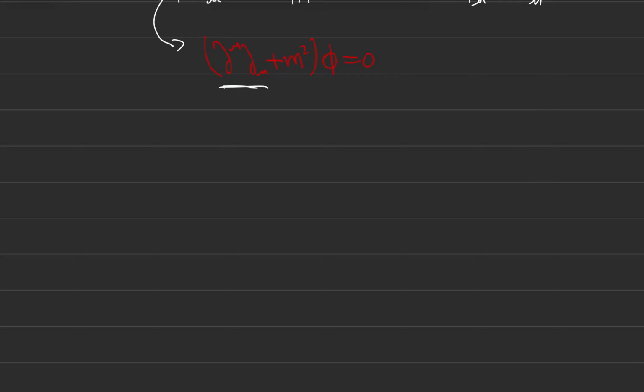So what he needed, in place of this partial_mu, was something like gamma^mu partial_mu, squared.